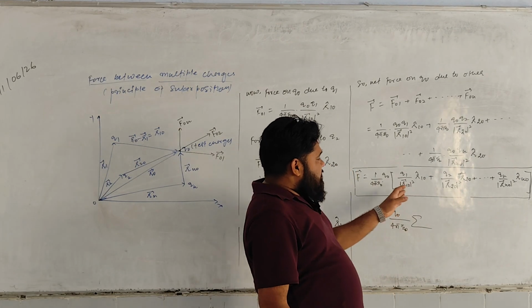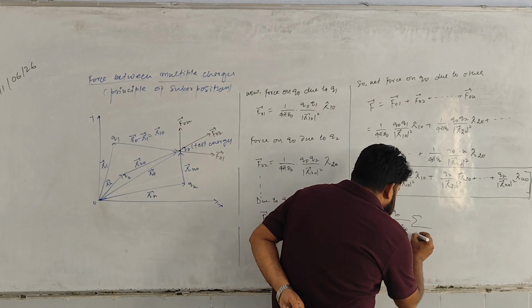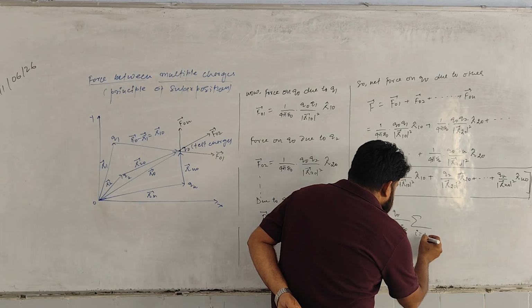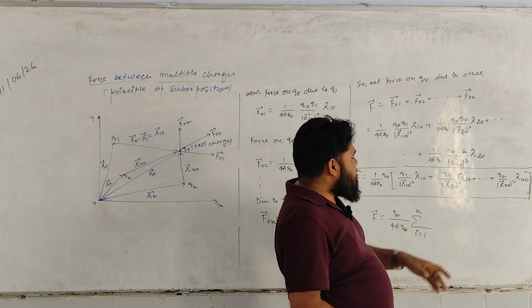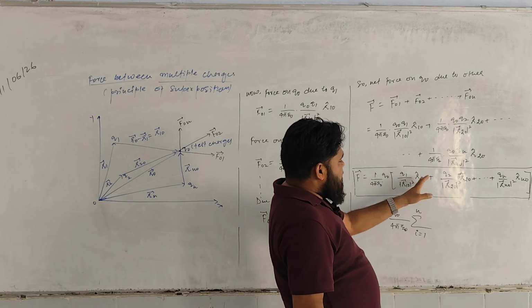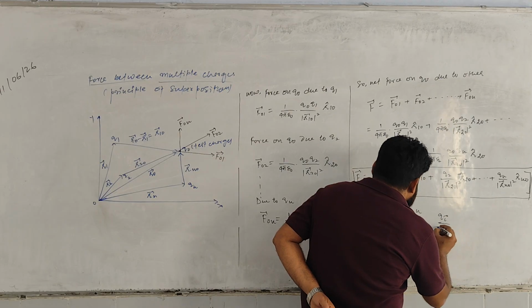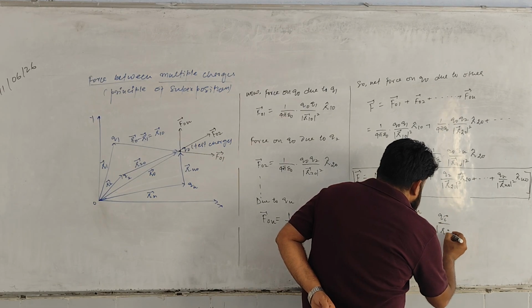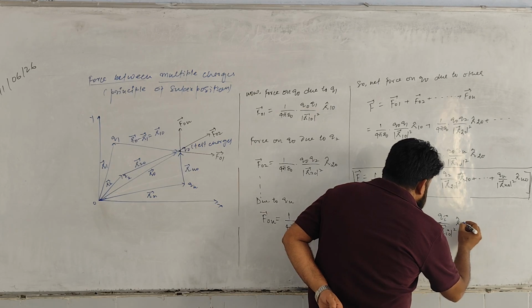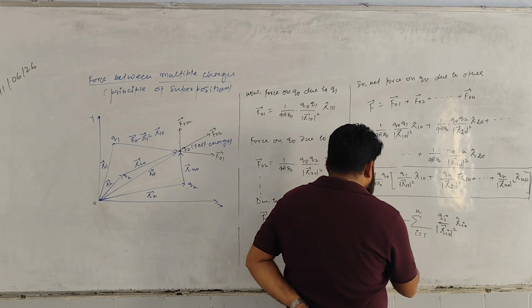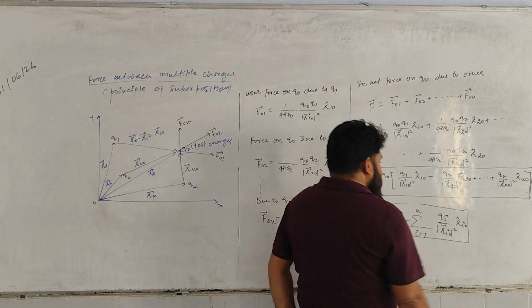Now the charge varies from 1 to n. So there is a term i that goes from 1 to n, and just pick any one term and replace the variable by i. That becomes qi upon ri naught square in the direction of ri naught. That is the force due to the multiple charges.